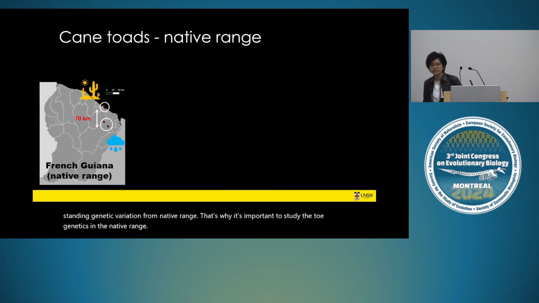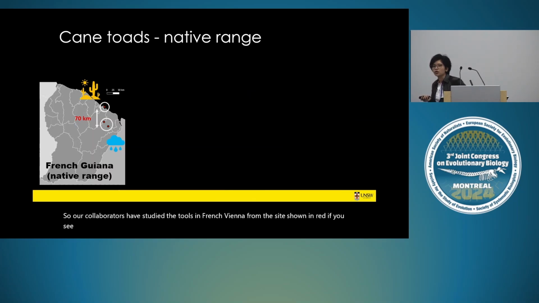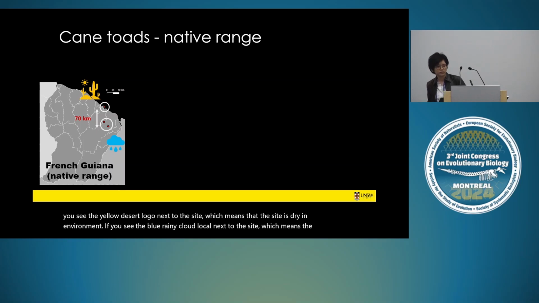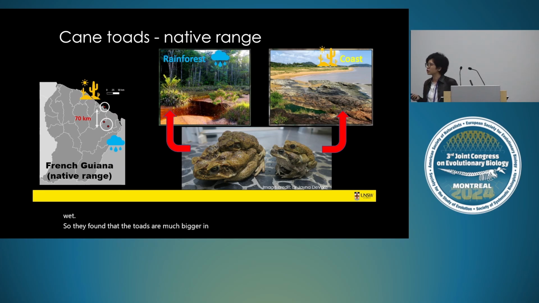So our collaborators have studied the toads in French Guiana from the sites shown in red. If you see the yellow desert logo next to a site, it means that the site is dry. If you see the blue rainy cloud logo next to a site, it means the area is wet. They found that the toads are much bigger in the rainforest than on the coast.